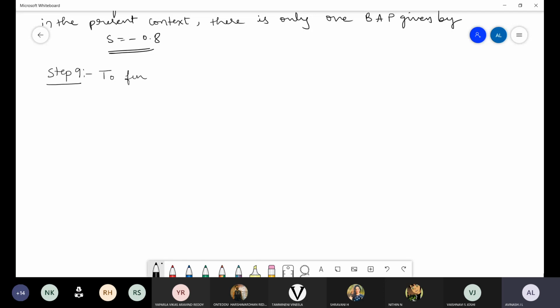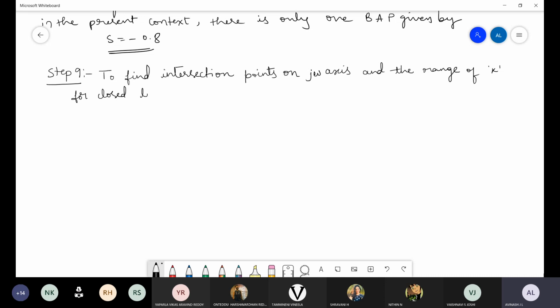So, to find the intersection points on the j omega axis, and the range of k for closed loop stability.